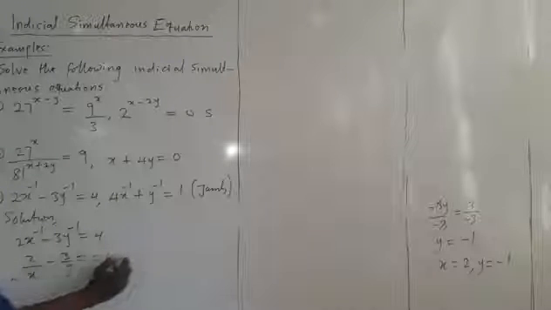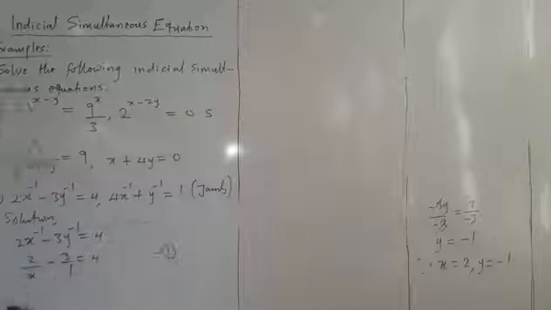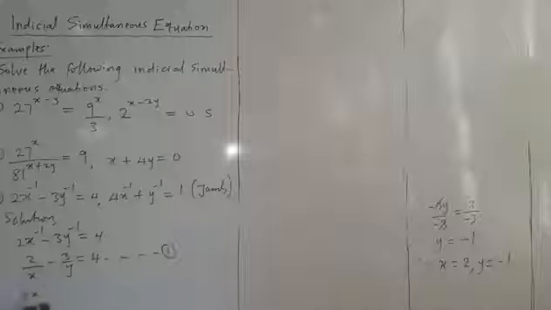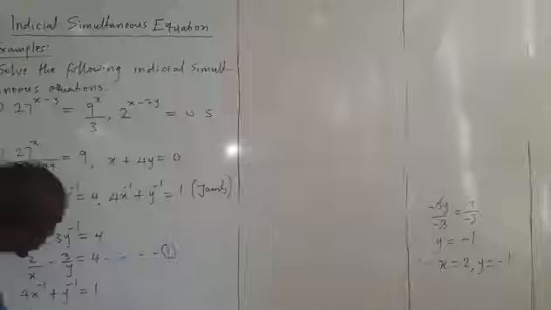We call this equation 1. Then the second equation is 4x inverse plus y inverse equals 1, and it becomes 4 over x plus 1 over y equals 1, which is equation 2.